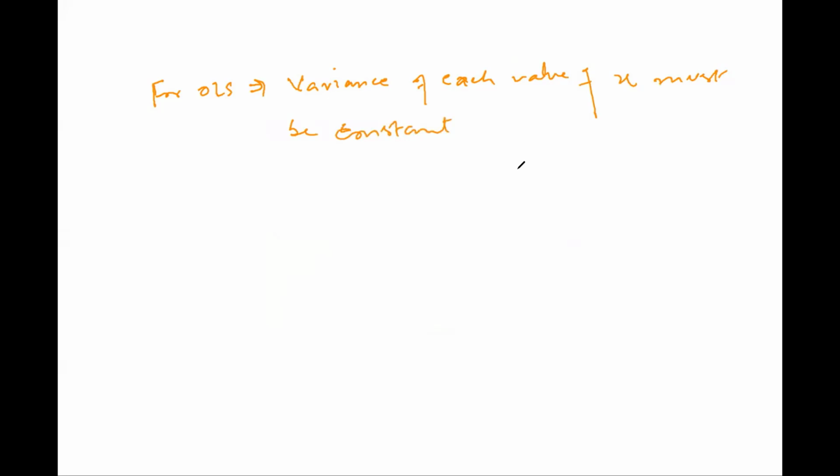What does it mean? It means that if I draw a graph of the error term square, which is an indicator for variance, so let's take error term square here. Why do we take error term square as a variance? We already know the formula for variance is the summation of x minus x bar whole square divided by n.